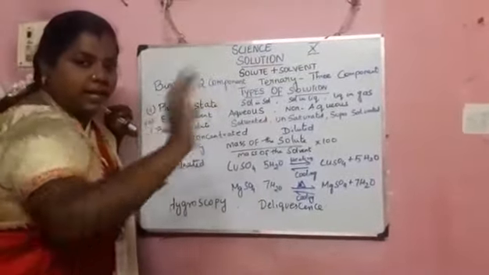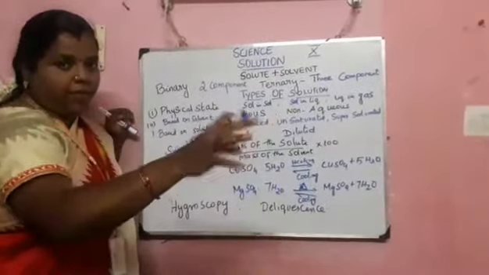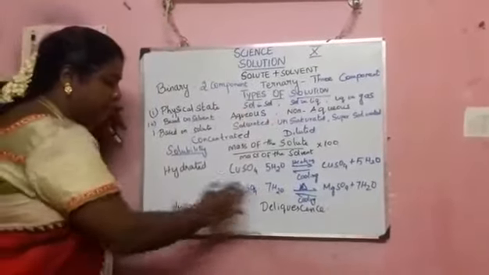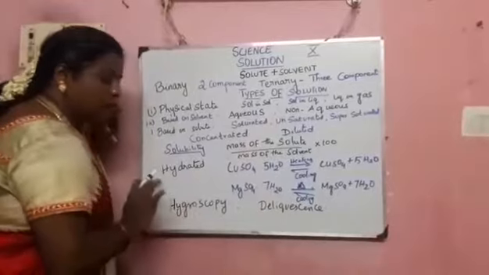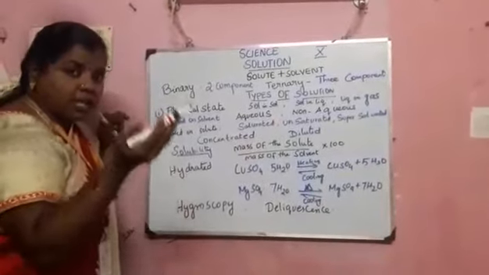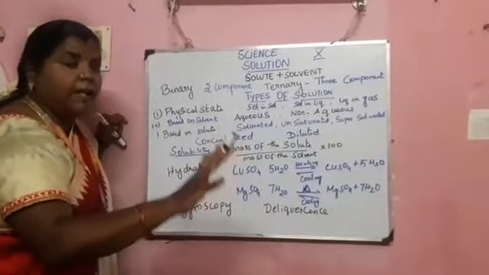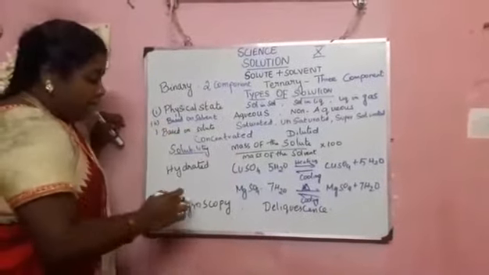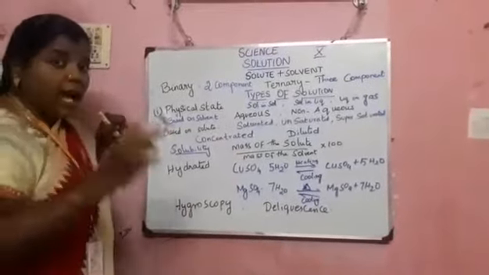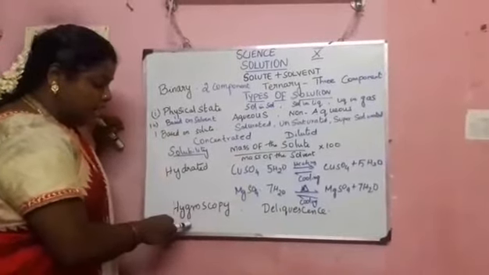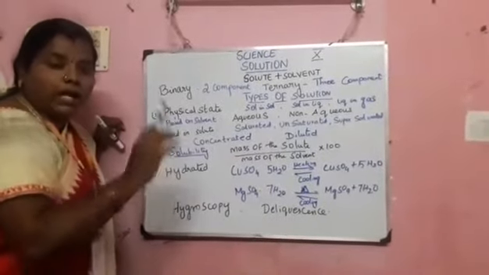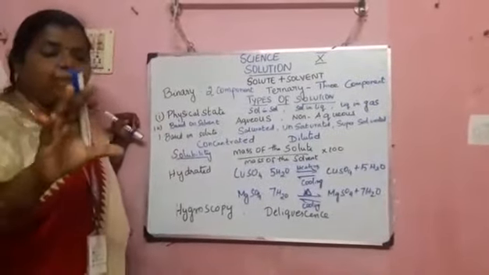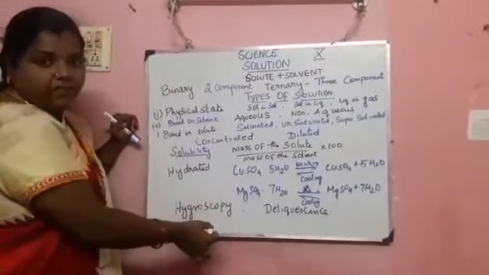In both deliquescence and hygroscopy, the substance loses or changes some property. But the difference is that in hygroscopy the substance does not dissolve; only some property changes, and it maintains the same physical state.